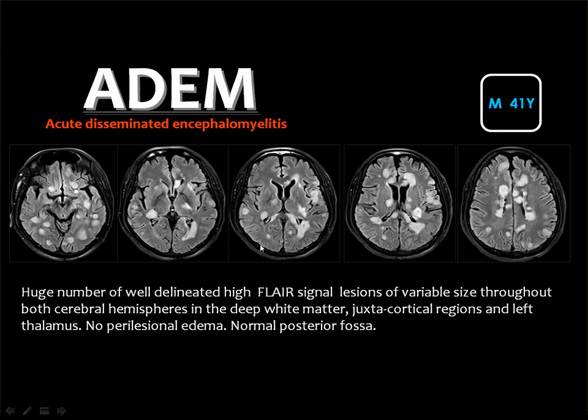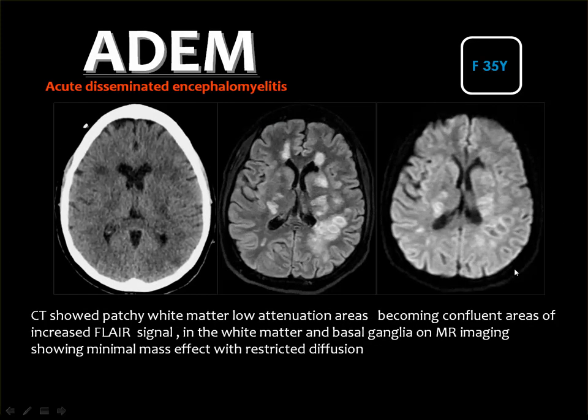This is an appearance, with many lesions, and characteristically these lesions are big and they are of variable size compared to those of MS. Some of the lesions are located in the cortex of the brain, others are located in the white matter. On the CT, you appreciate few lesions compared to MRI.